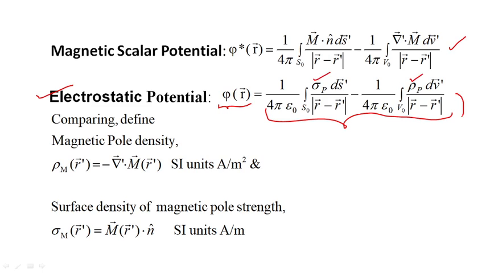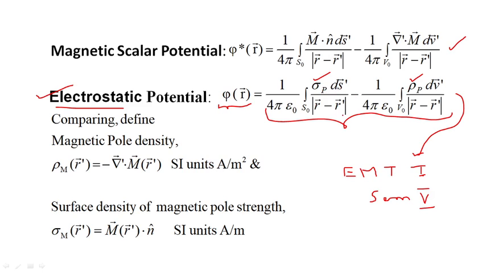Now this part comes from semester 5. Electromagnetic theory 1 is semester 5. In fact, it is there in the second chapter. This is the electric scalar potential in electrostatics. It is equal to 1 upon 4 pi epsilon 0 integral of sigma p dS dash by this, plus the volume term with rho p.